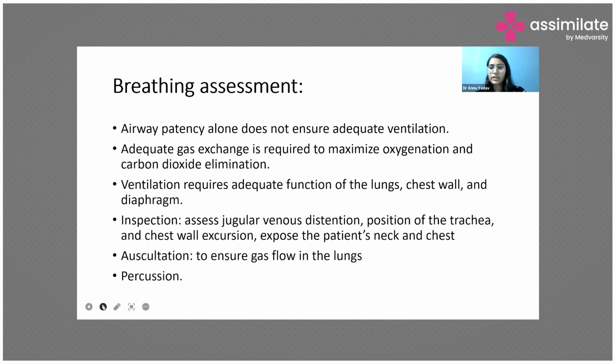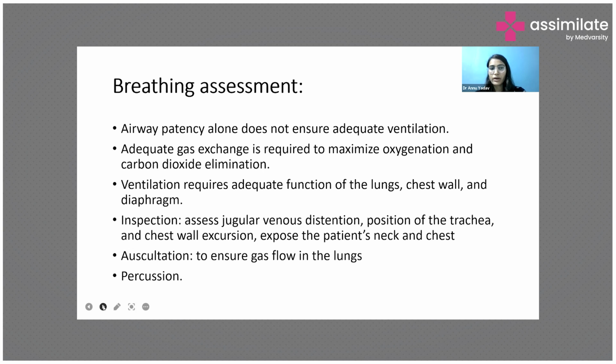Starting with inspection, we can assess the jugular venous distension, position of the trachea and chest wall movements. We can expose the patient's neck and chest to see the movement and any obvious injury, and we can further take care of the ventilation part.